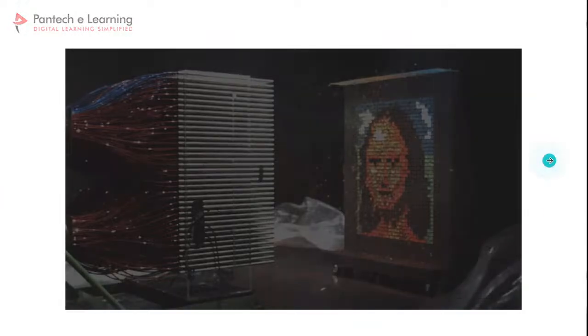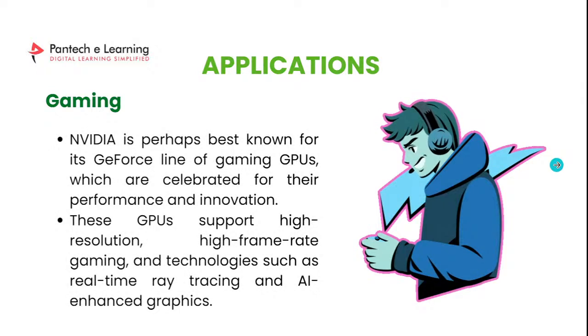Okay, so now let's move to the next slide, which is the applications of Nvidia. Those who have a craze for gaming, I hope they have heard about this particular word called GeForce, right? So first thing is gaming. Nvidia is perhaps best known for its GeForce line of gaming GPUs, which are celebrated for their performance and innovations.